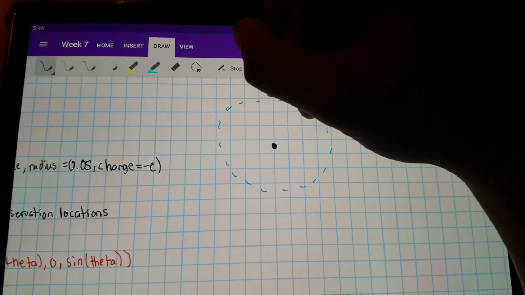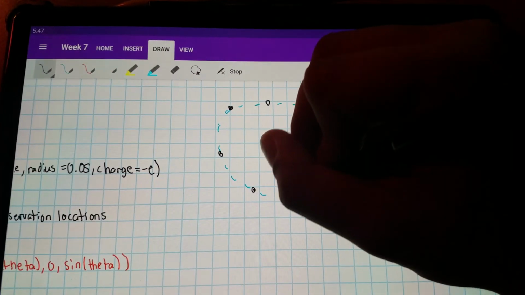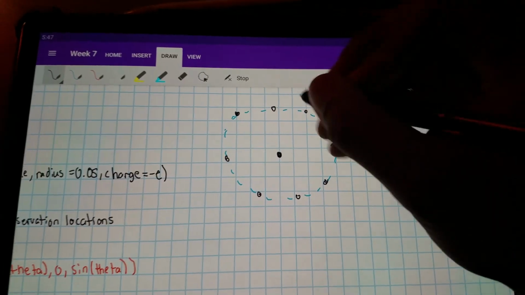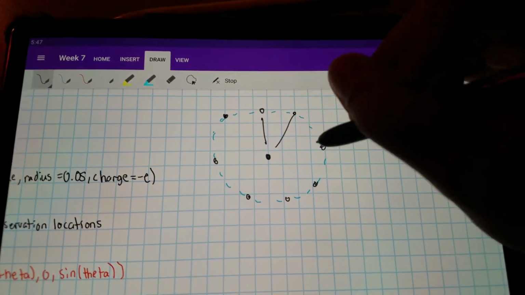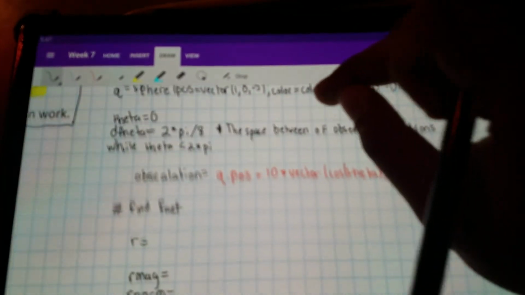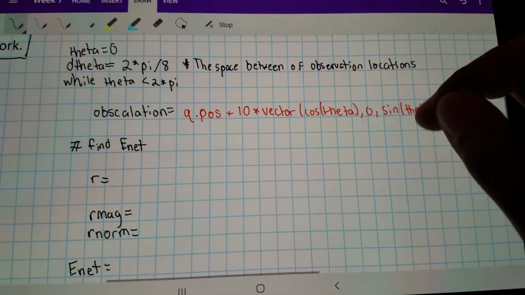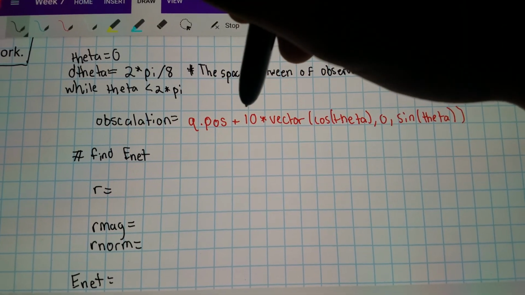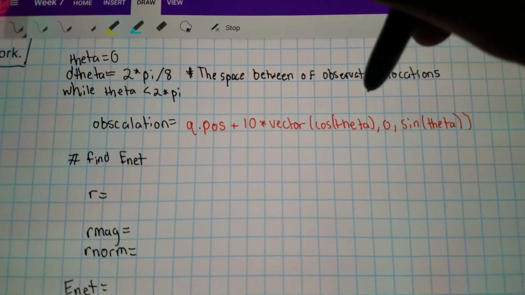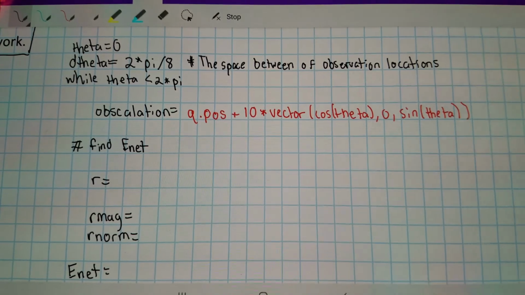So we have 1, 2, 3, 4, 5, 6, 7, 8. Each of which 10 centimeters away, but at different angles. So then, after we calculate our obsculation vector, remember that it's not in the y plane, so you should have a 0 there.